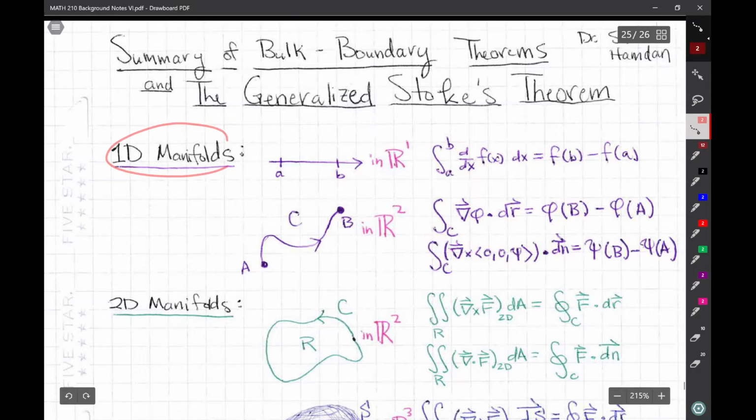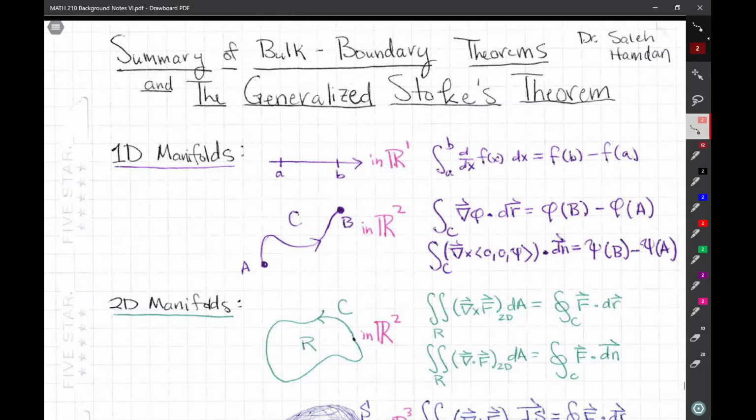If we have a 1D manifold, a manifold is just a line. A 1D manifold is a line, a 2D manifold is a surface, a 3D manifold is a volume. And a manifold is an abstraction of a surface to any dimension. You could go higher than a surface and get a 3D manifold, a 4D manifold.